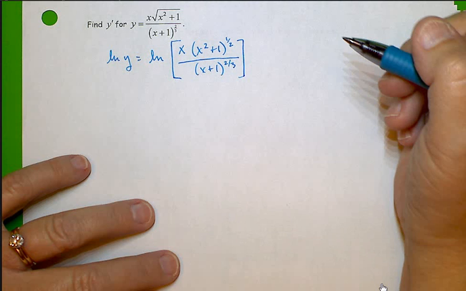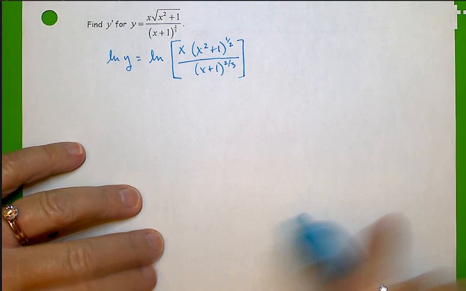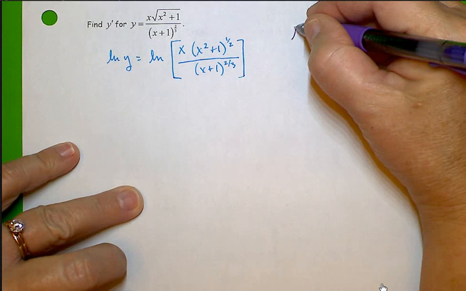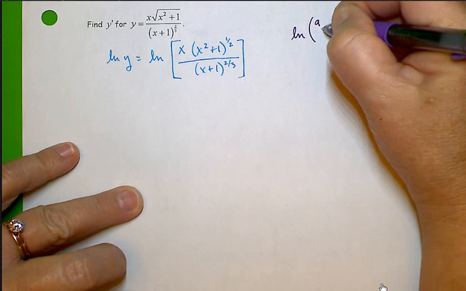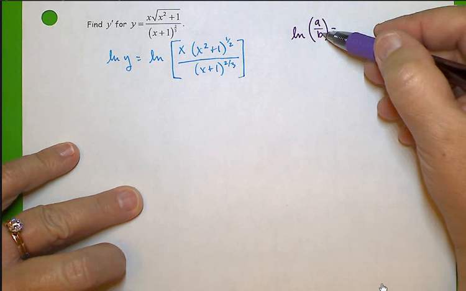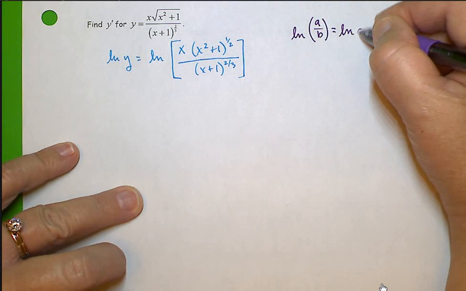Now I have to do something with this right hand side. Let's recall a couple rules of natural logs. If I have the natural log of a divided by b, I could rewrite that as a subtraction problem. This is natural log of a minus natural log of b.